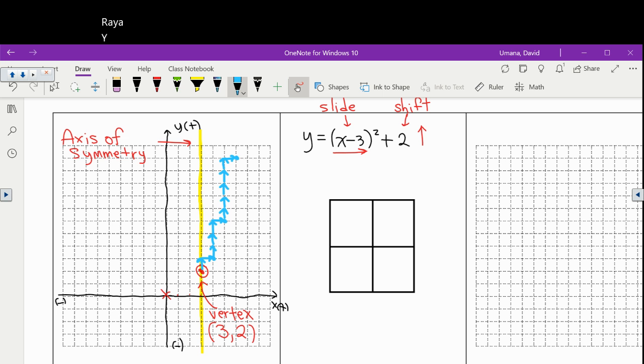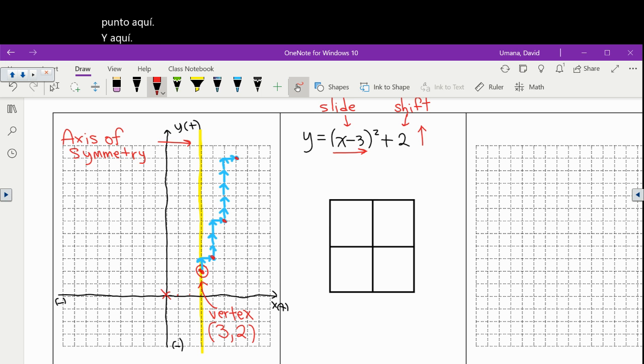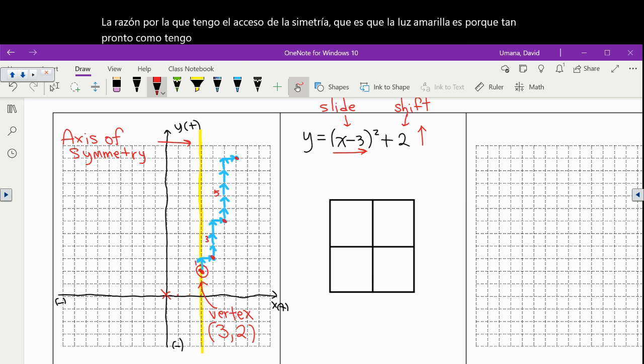Now for me, I actually had space to go up 5. So now I have a dot here, here, and here. The first one was 1, the next one was 3, and after that was 5. So I was able to do the skip count. The reason I have the axis of symmetry, which is that yellow line, is because as soon as I have my picture on one side, then I have my picture on the other side as well.